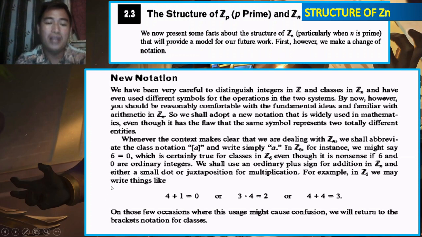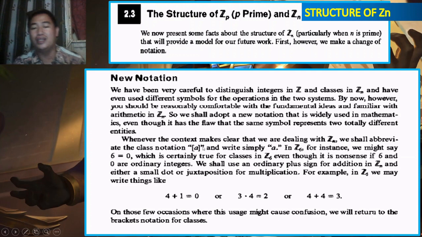So, kani atong 4 at 1, mga equivalence classes na sila, dili na sila integers lang, nga normal. Abnormal sila.